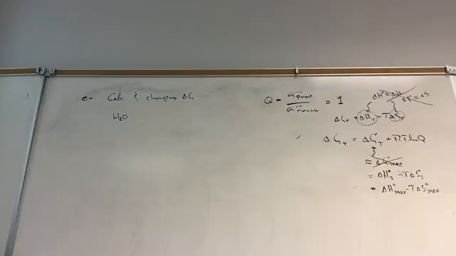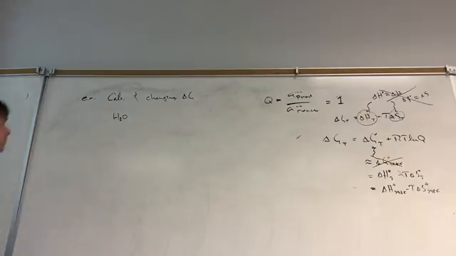The first column is the delta H of formations. The second column is the delta G's of formation. The third column is the absolute entropy. The fourth column is heat capacity. So delta H of formation, delta G of formation, and absolute entropy, S.